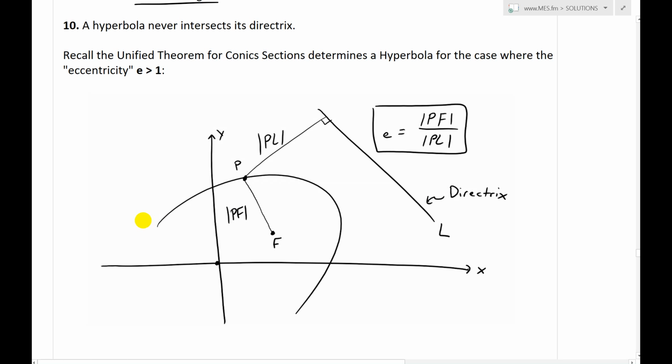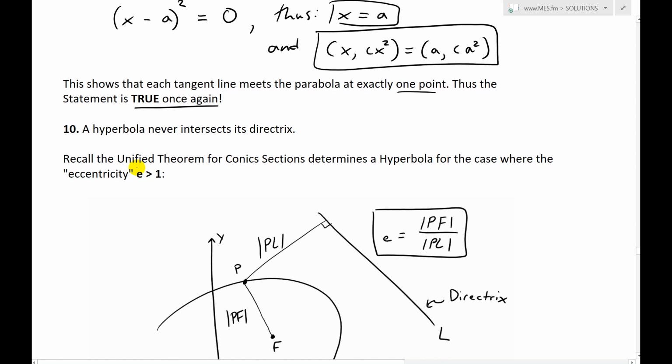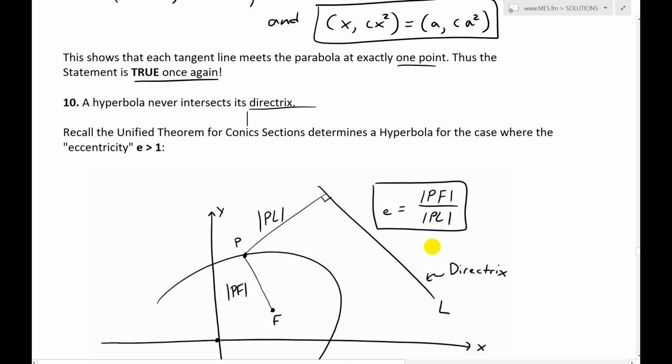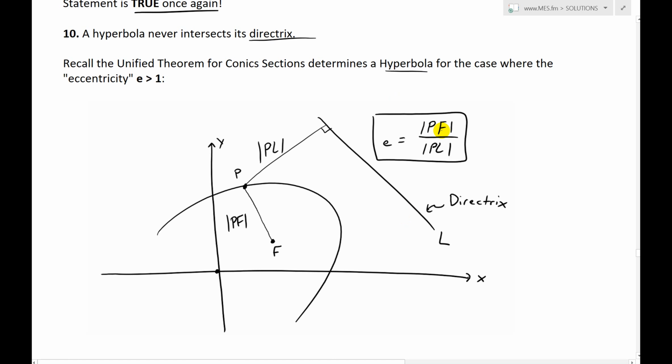And now finally let's look at statement 10, and this one involves a hyperbola, and we're asked: a hyperbola never intersects its directrix. So, to make sense of this question, let's first recall the unified theorem for conic sections, or recall that the theorem determines a hyperbola for the case where the eccentricity e is greater than 1, where e is defined as the distance PF divided by distance PL, where the line L is a directrix, the point F is the focus.